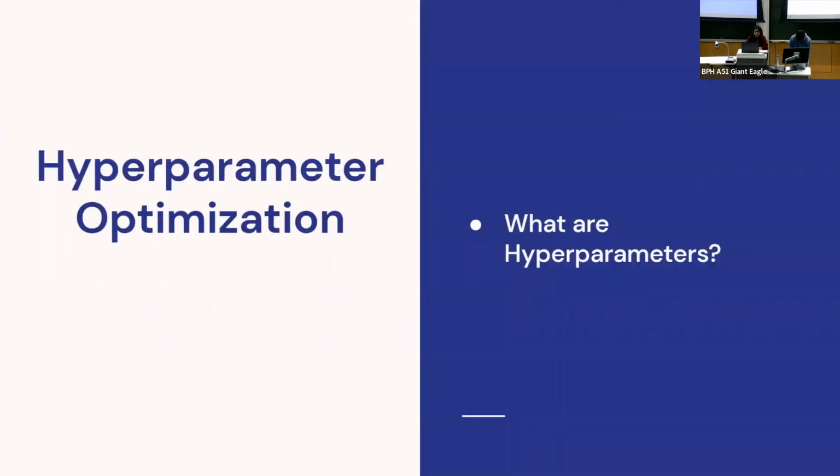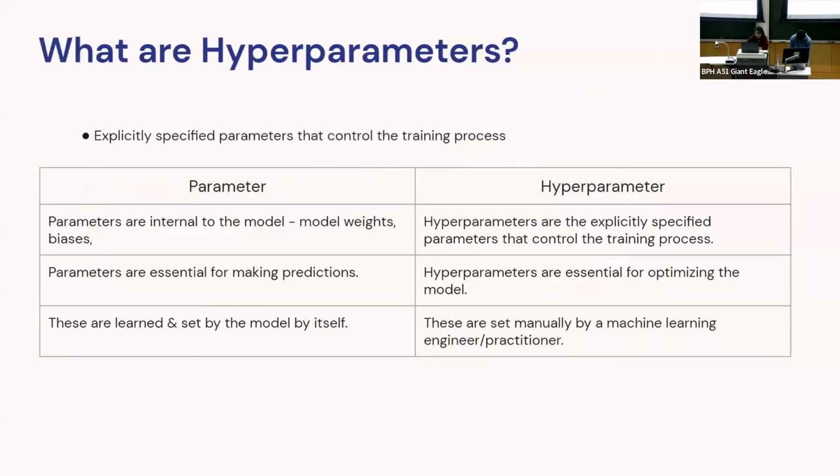So the next topic would be hyperparameter optimization. What are hyperparameters? Hyperparameters are explicitly specified parameters that control your training process. These are predefined before you start off your training. There's a difference between a parameter and a hyperparameter. A parameter is something that is internal to the model. They are like your model weights and your biases.